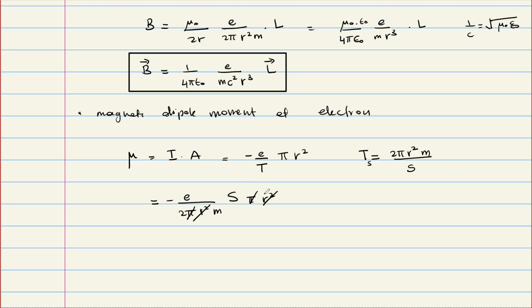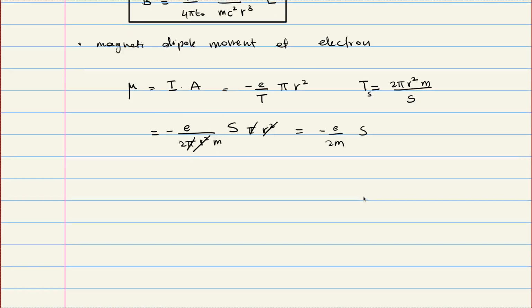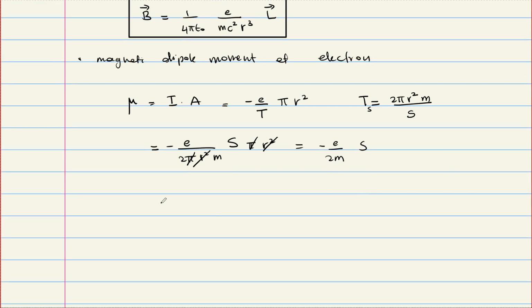So anyways, the point is that this is going to be minus e over 2m, and we said there's a so-called gyromagnetic ratio, which is magnetic moment divided by angular momentum, and in the case of electron spin, this becomes minus e over 2m.